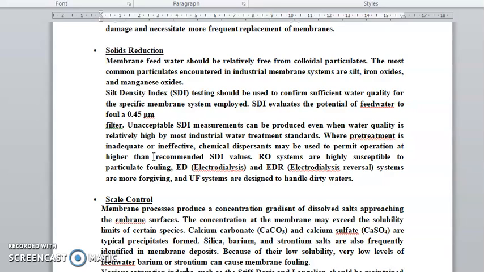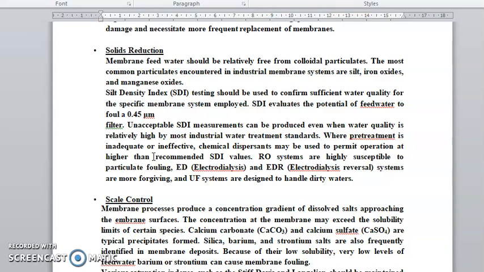SDI evaluates the potential of feed water to foul a 0.45 micron filter. Unexpectedly, high SDI measurements can be produced even when water quality is relatively high by most industrial water treatment standards. Where the pretreatment is inadequate, effective chemical dispersants may be used to permit the operation at higher than recommended SDI values.